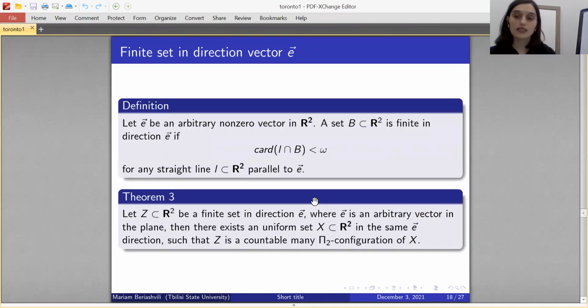And now let us define the finite set in direction of a vector E. Let E be an arbitrary non-zero vector, and we say that B is finite in direction E if this inequality holds true here, for L any straight line parallel to the vector E. And the next theorem is that if a set is finite in direction of any vector in the plane, then there exists a uniform set X in the same direction such that the set is a countable union of translations of X. Okay, we can represent this finite set with the uniform sets.